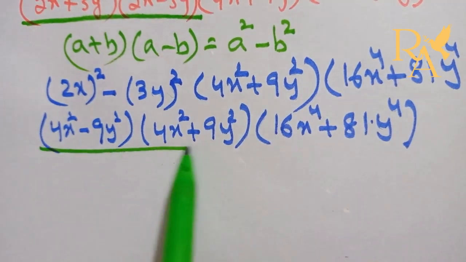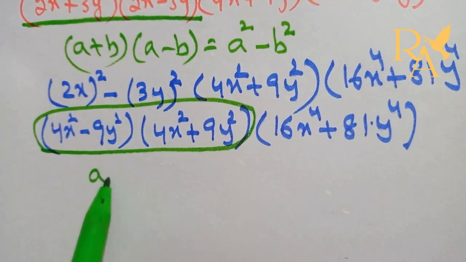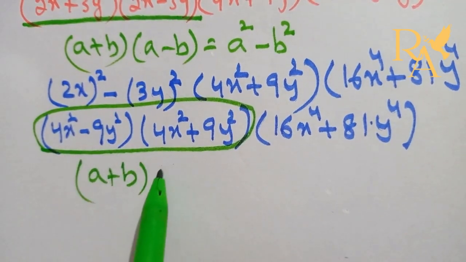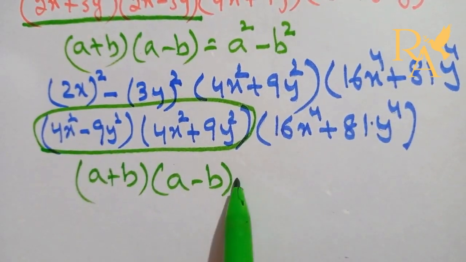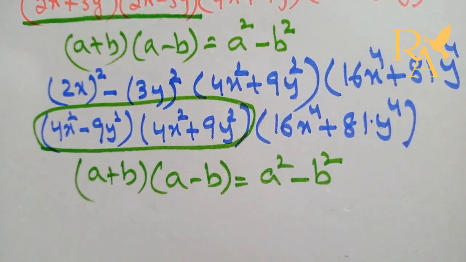Again, for solving this, we are using the same formula: (A + B)(A − B) = A² − B². So put the values.